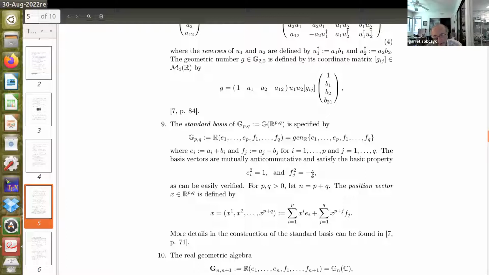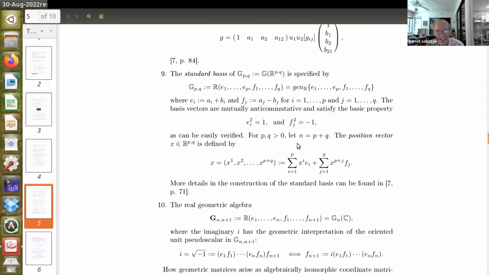Ei squared is equal to 1, Fj squared is equal to minus 1. So now I'm thinking about the real numbers as being extended, to get the Clifford algebra Gnn, by a set of n commutative, n anti-commutative vectors Ei and Fj. They're all anti-commutative. And they generate the Clifford algebra Gnn, okay?